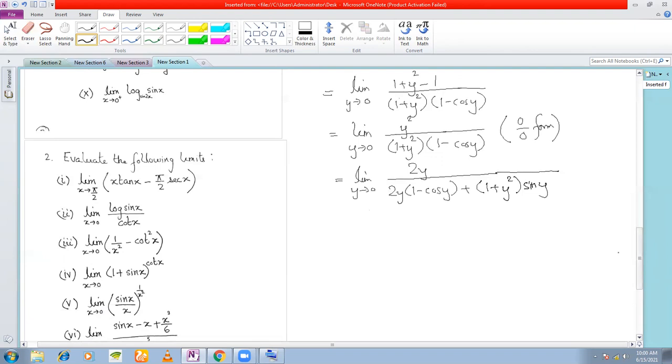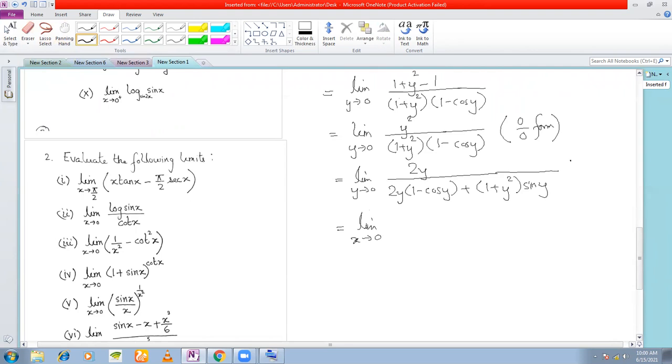Okay, so now see here, once I've differentiated, this form is again a 0 by 0 form. Use L'Hospital rule first.